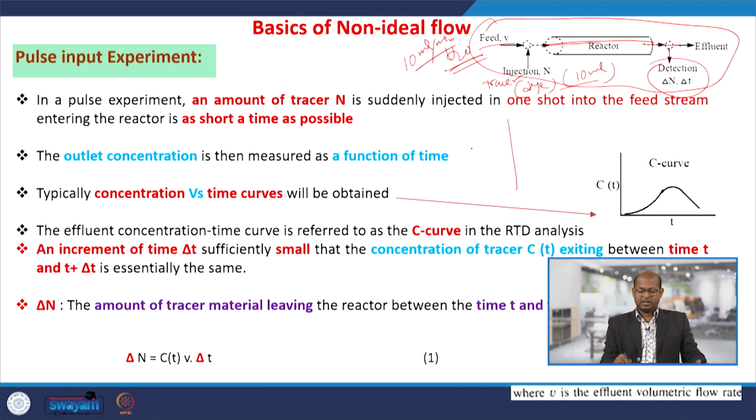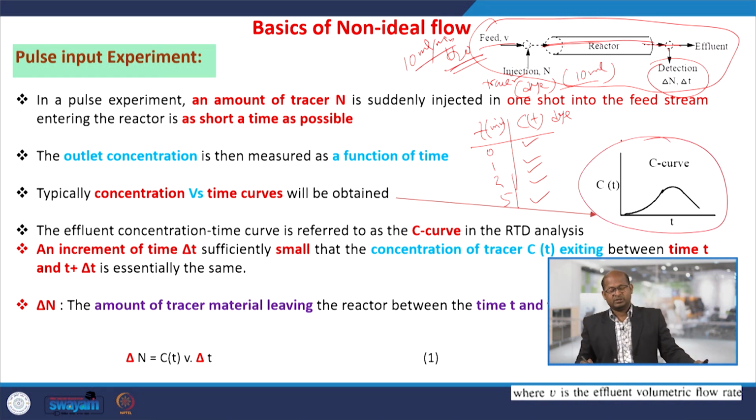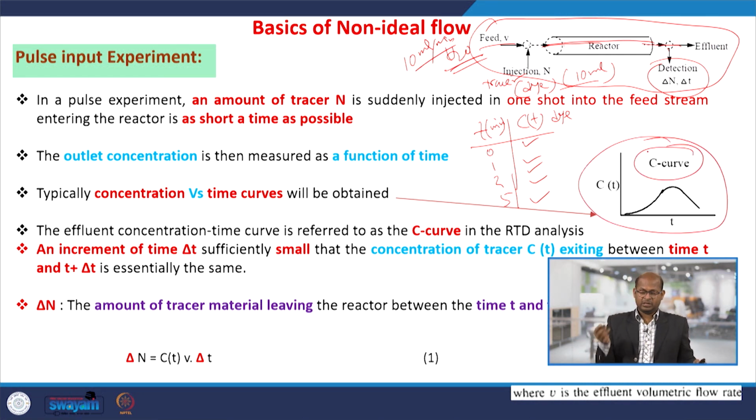Like that, at different times we can measure the concentration of the dye. These are the concentrations we can measure from the exit, and if we plot them this type of curve will come. This is called the C curve. You have already studied this, but again we are discussing that this type of tracer test can be conducted, and we can get the change in concentration after the tracer comes out of the reactor, from 0 to t times.